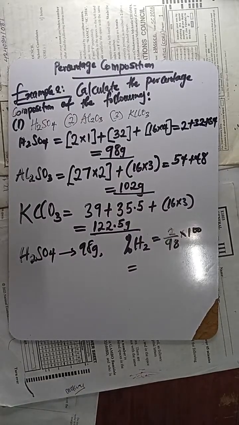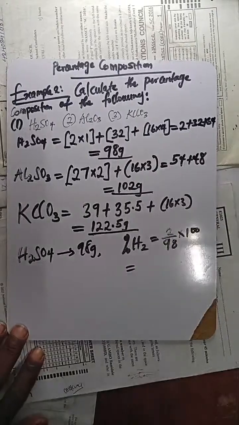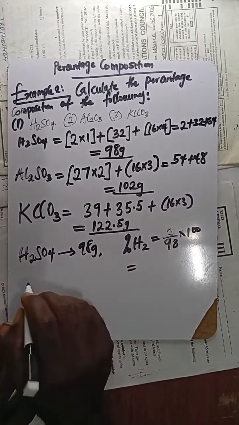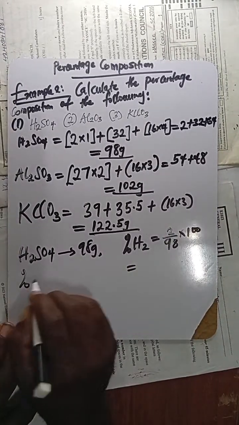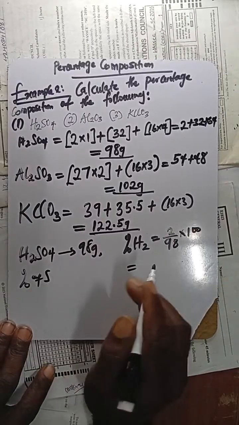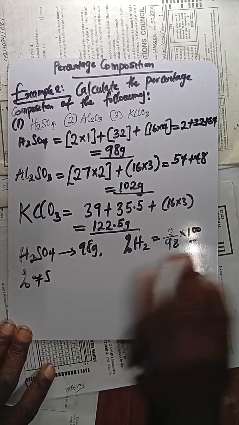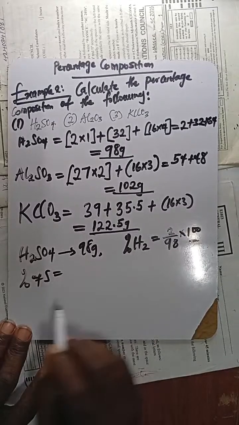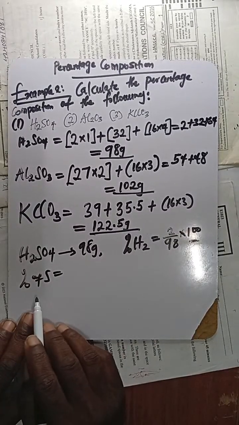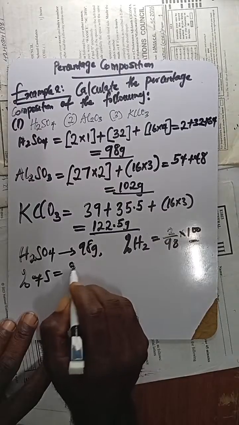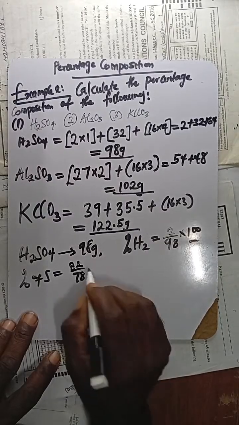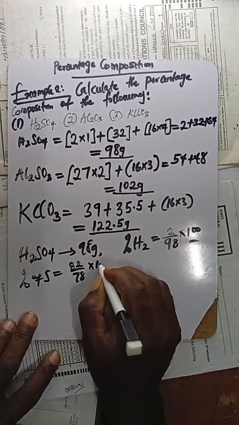So that is the percentage. I will now calculate once for the S. For the percentage of S, we have 32 over 98 times 100.